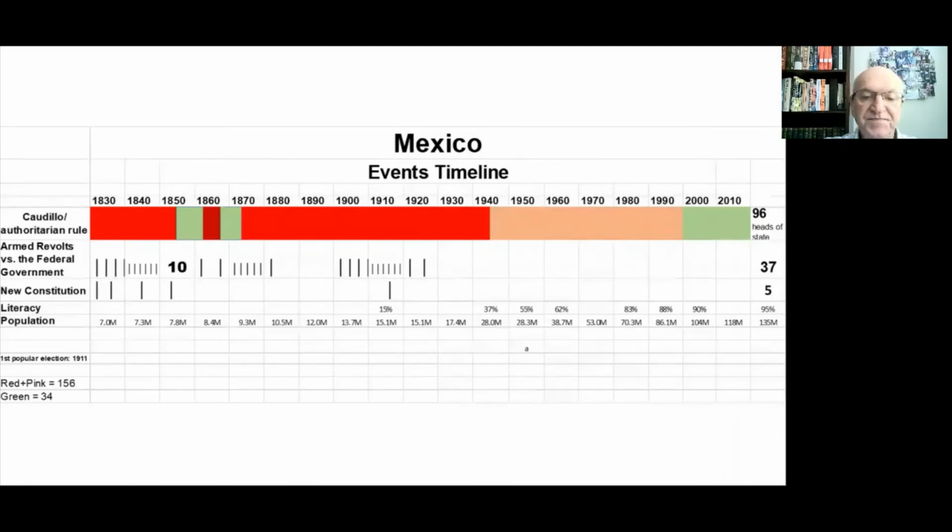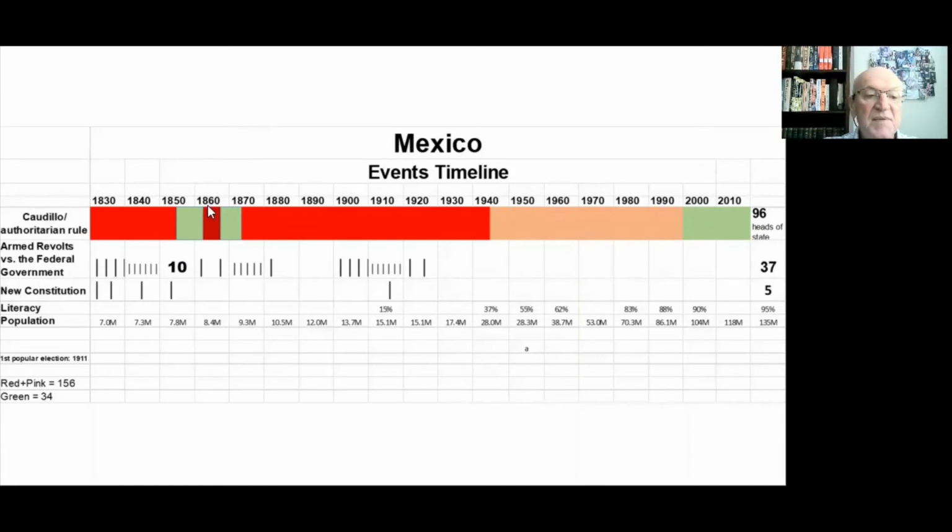Here is Mexico. In the early years, there was one main caudillo. His name was General Santa Anna of the Alamo and San Jacinto battles fame. He ruled for 22 years, and he was the head of state 11 times.